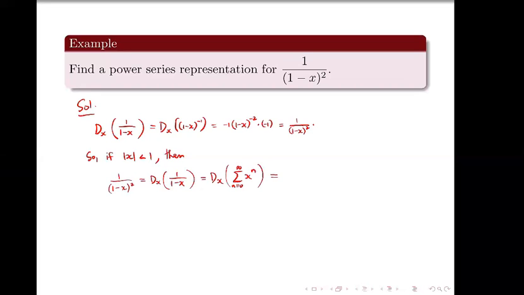So this is just the sum n from 1 up to plus infinity of n x raised to n minus 1. Okay? So 1 over 1 minus x quantity squared is equal to the sum from 1 to plus infinity of n x raised to n minus 1, provided the absolute value of x is less than 1.